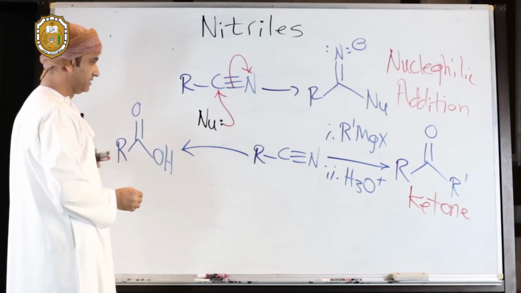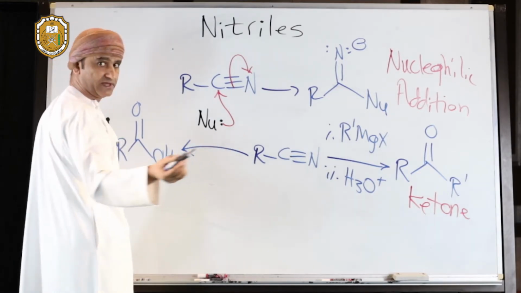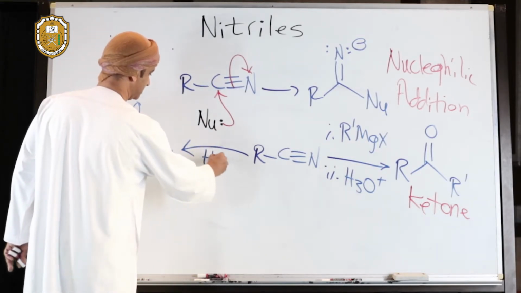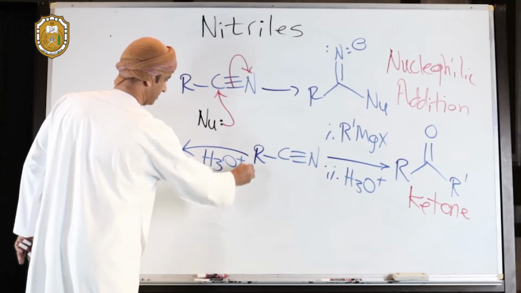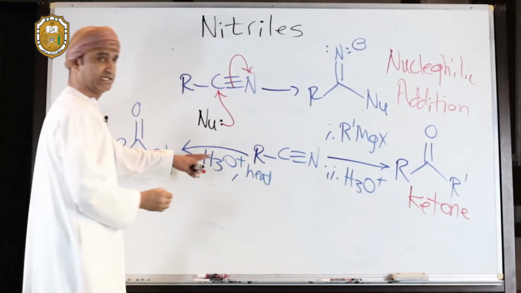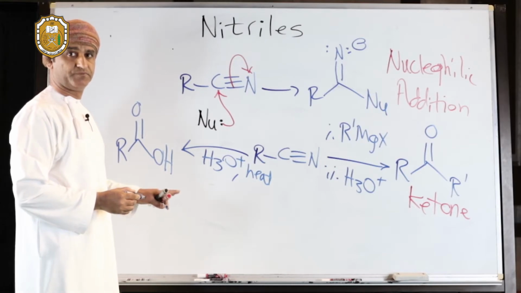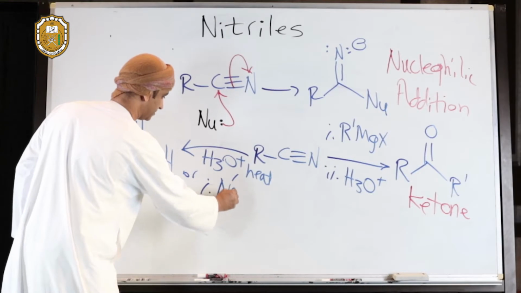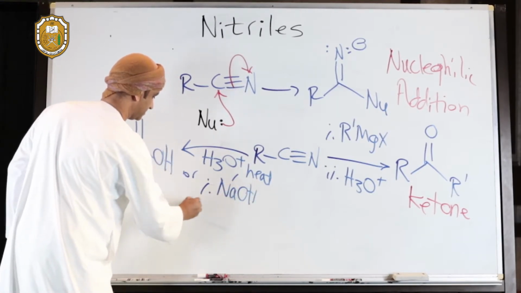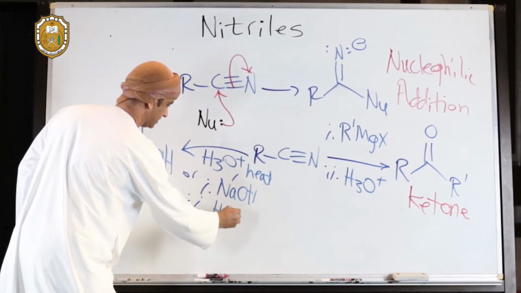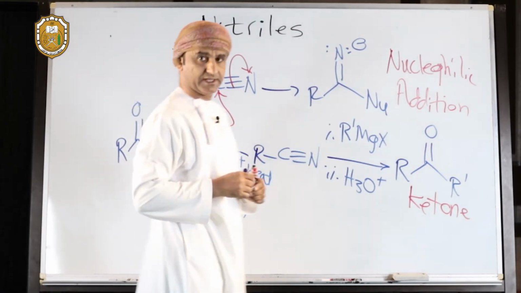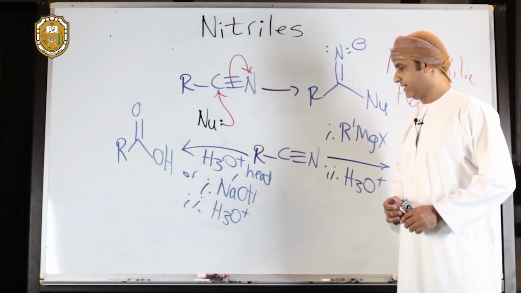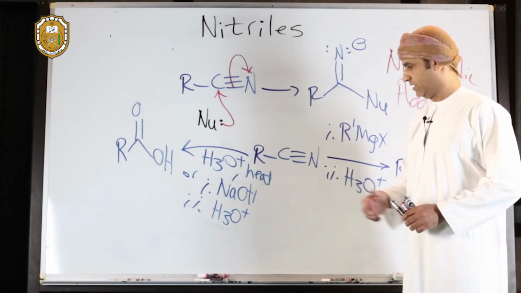You can use an acid with heat, so this is acidic hydrolysis conditions, or you can use a two-step basic hydrolysis reaction, where you react the nitrile with a base such as sodium hydroxide, and in step number 2 you involve an acid.